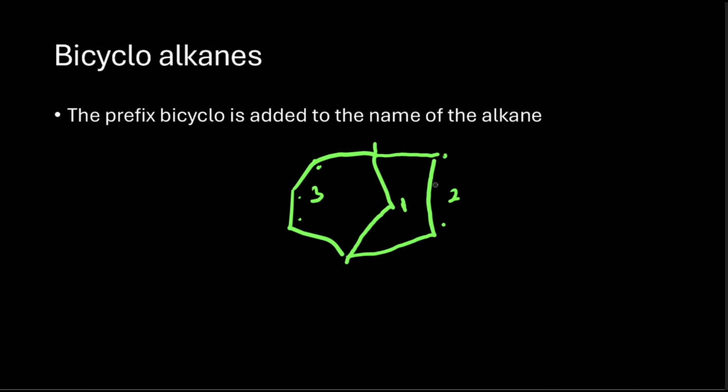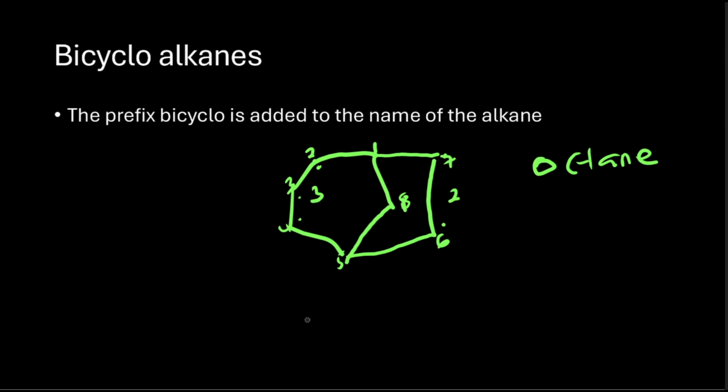Now let's count the total number of carbon atoms in this bicycloalkane. So we have 1, 2, 3, 4, 5, 6, 7, 8. And the name of an alkane with 8 carbon atoms is octane.